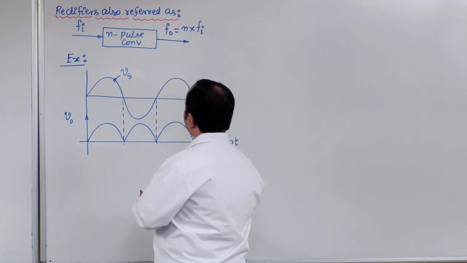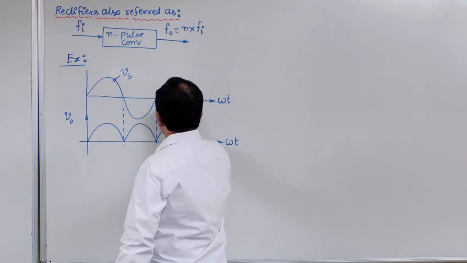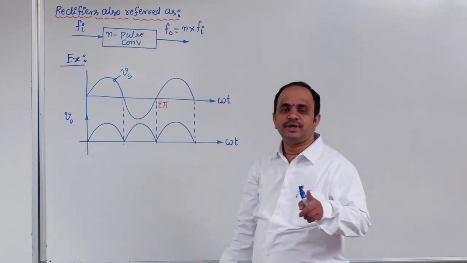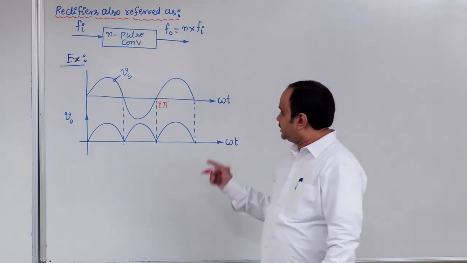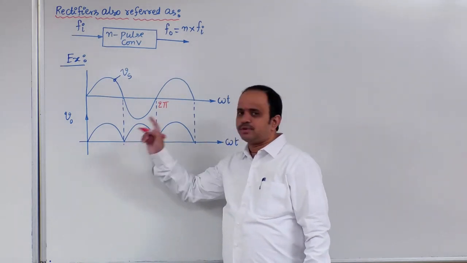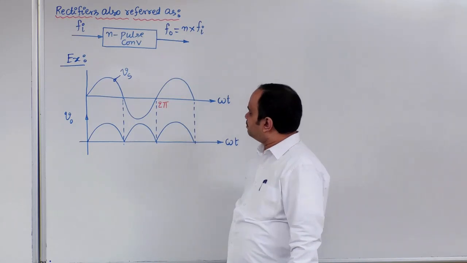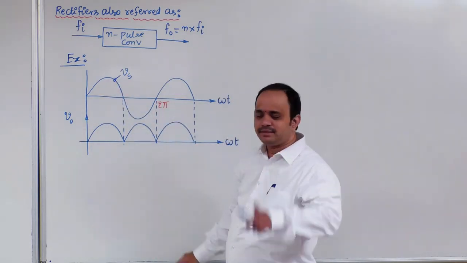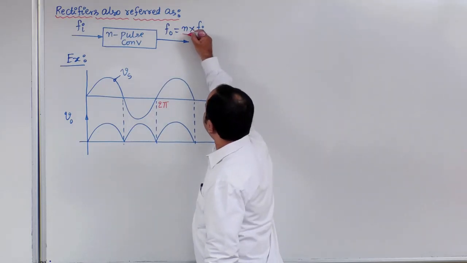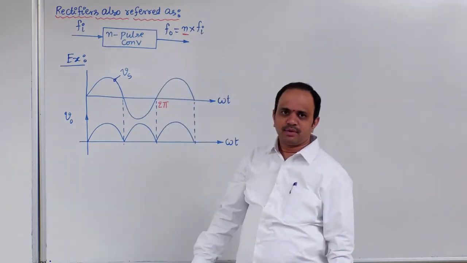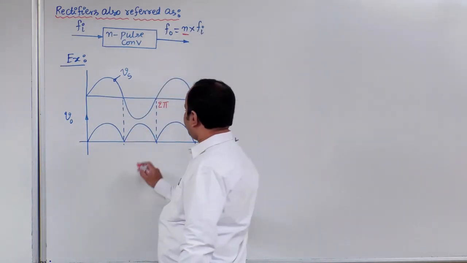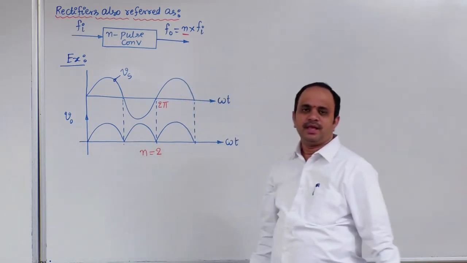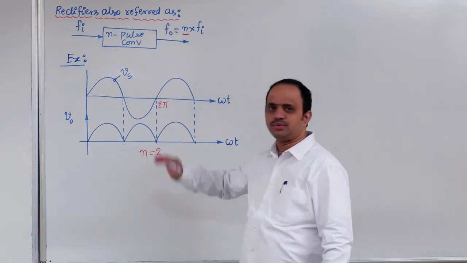I want you to answer how many pulses are there in the output voltage. Remember, the number of pulses in the output voltage by the time the source voltage completes one cycle is referred to with this number n. Now in this particular waveform example, I can say that n is equal to 2.